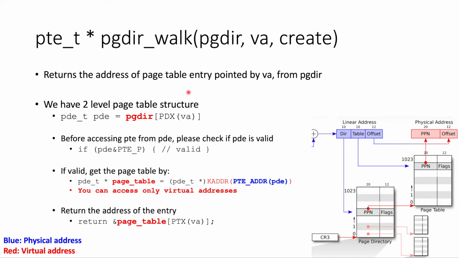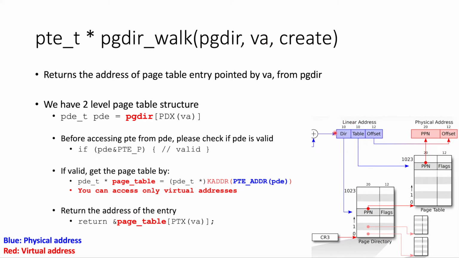The first function that we need to implement is pgdir_walk, page directory walk. The objective of this function is to return the address of the page table entry. We will be supplied with this pgdir, the page directory, and also a virtual address.